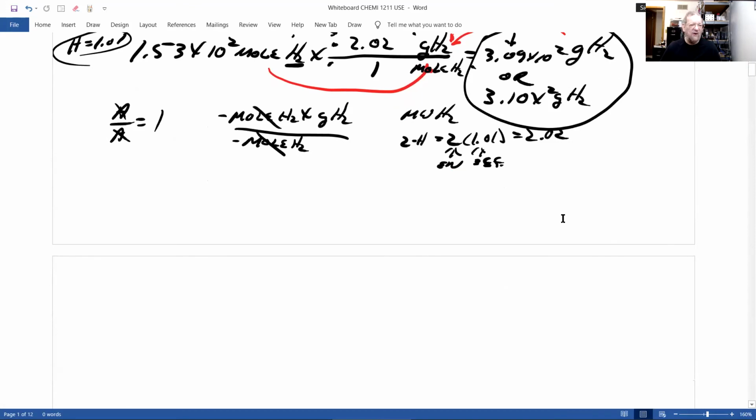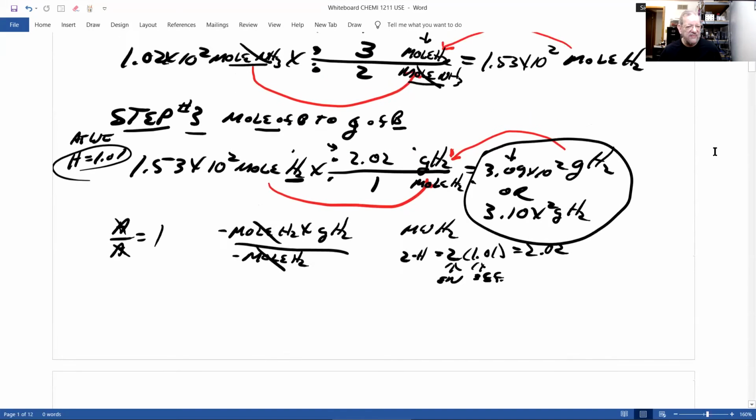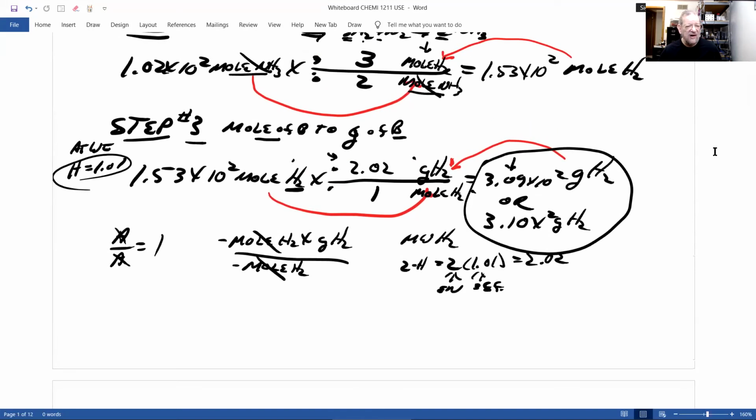Now, one thing I do want to point out, a benefit, I mean, really a benefit of unit analysis. What if for step, let's see, say step 3, I did it wrong. Now you know it's going to be wrong.